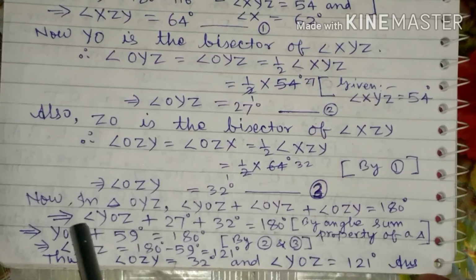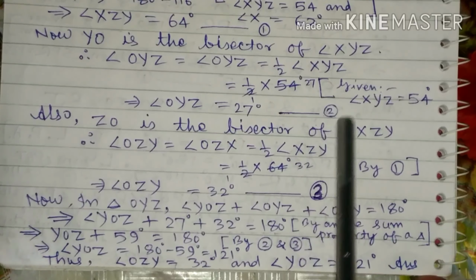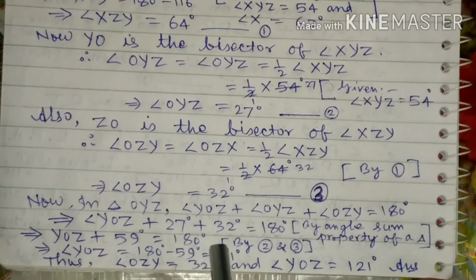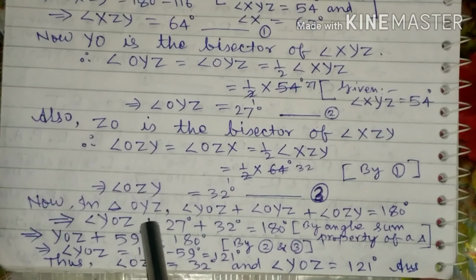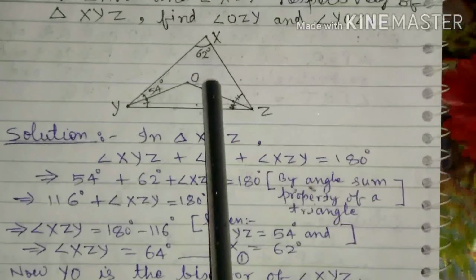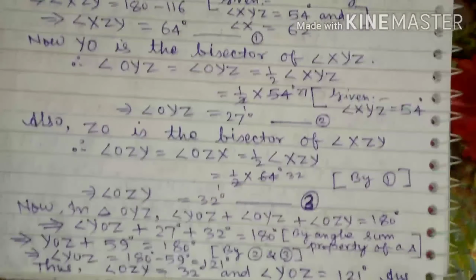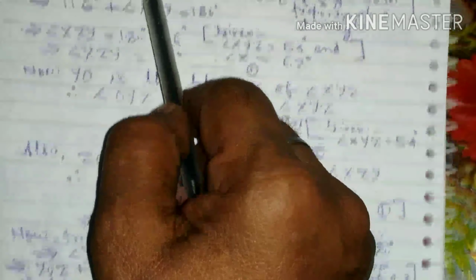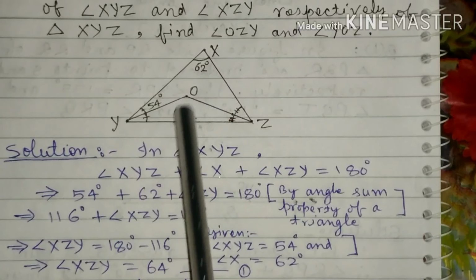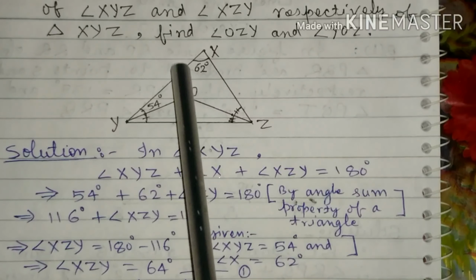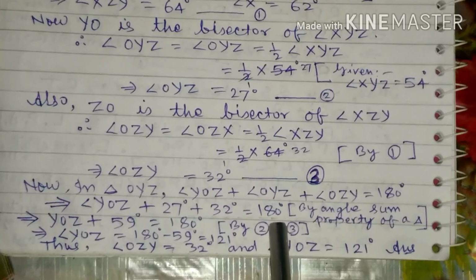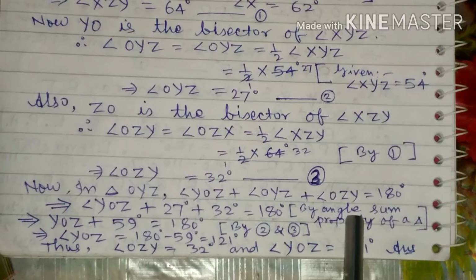Now we use the values of these two angles from these two equations in triangle OYZ. Now in triangle OYZ, angle YOZ plus angle OYZ plus angle OZY, the sum is equal to 180 degrees by the angle sum property of a triangle.